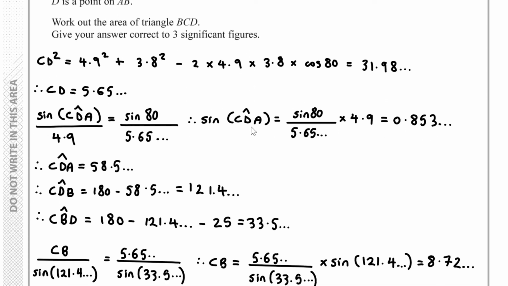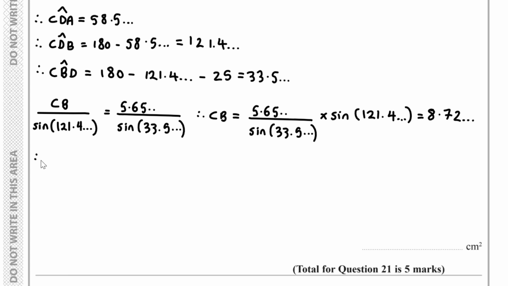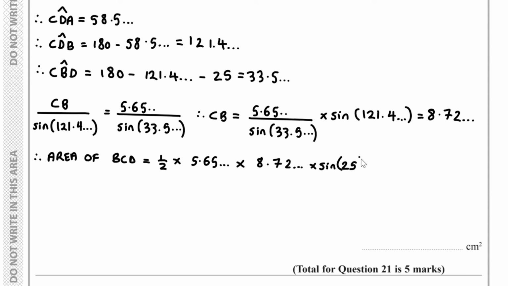And now we can use the area of a triangle formula to work out the area of the triangle BCD. Therefore, the area of BCD will equal 1/2 multiplied by the 5.65, etc. multiplied by the 8.72, etc. multiplied by the sine of 25.